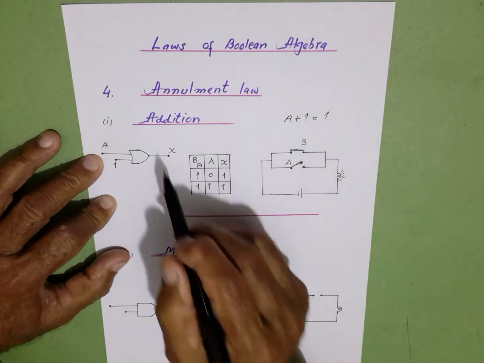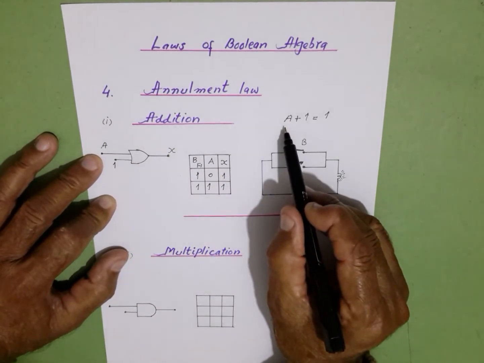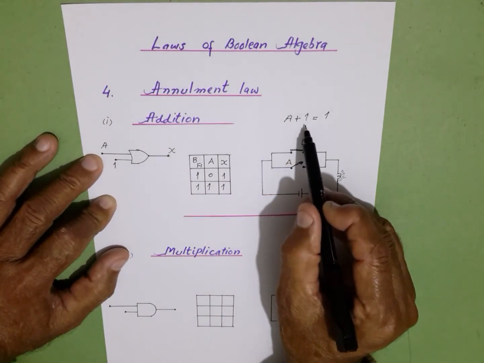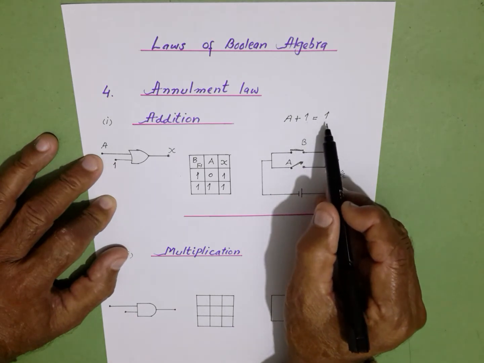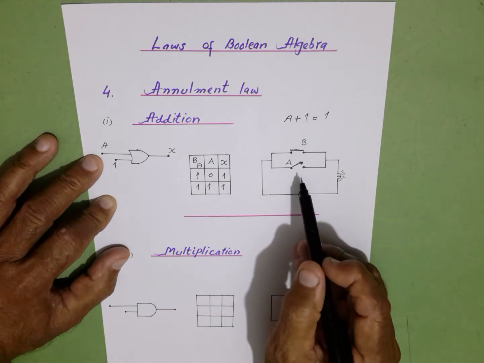This is called the annulment law of addition. It states that when a variable is ORed with 1, the output always equals 1, and we have proved it with the help of switches.